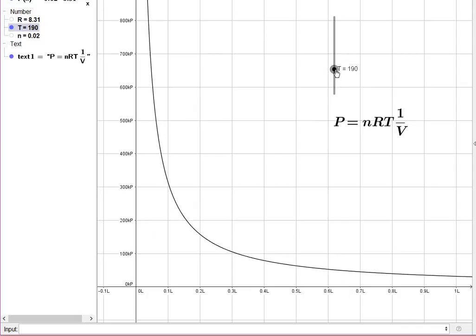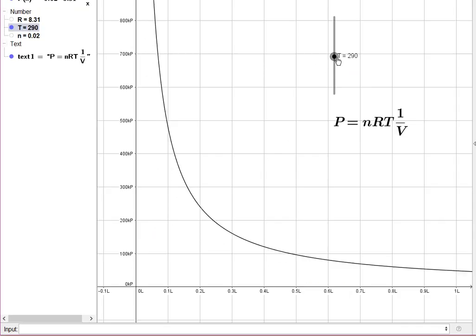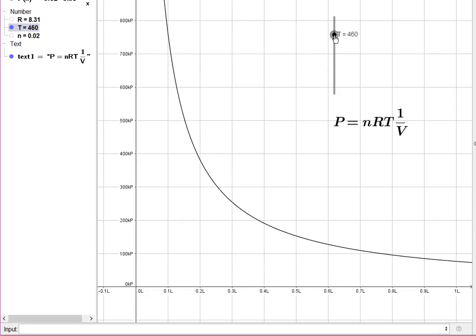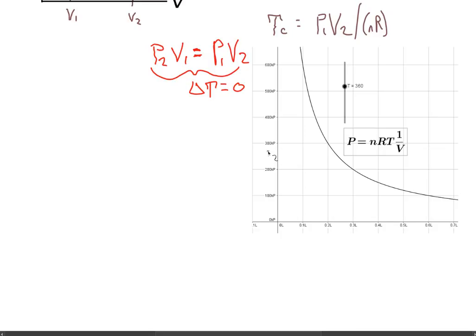I can move it up to a temperature of 300 Kelvin, maybe. Oops, yeah. There's 300 Kelvin. And you can see that along this graph, this is pressure, kilopascals on the ordinate, and liters on the abscissa. And so as I move the fixed temperature around, that causes the graph to change. So now we've seen what an isotherm looks like on a PV diagram.